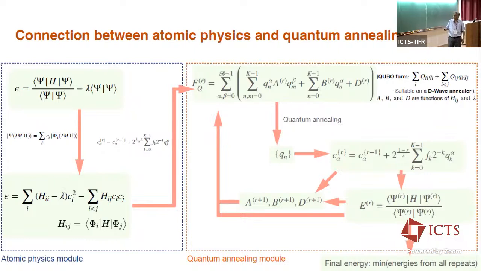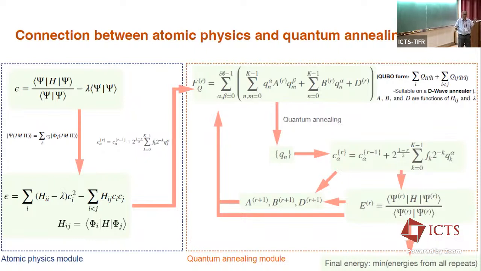Once we do that, if you minimize this, then you'll know which combination of Q minimizes this quantity F. Suppose the configuration is 0, 0, 0, 1.